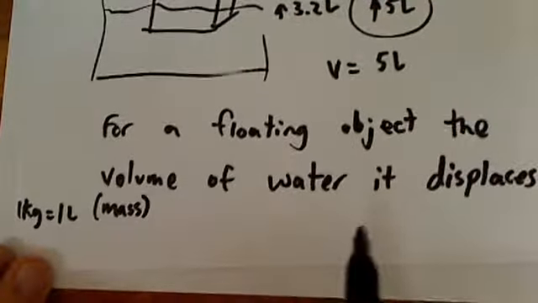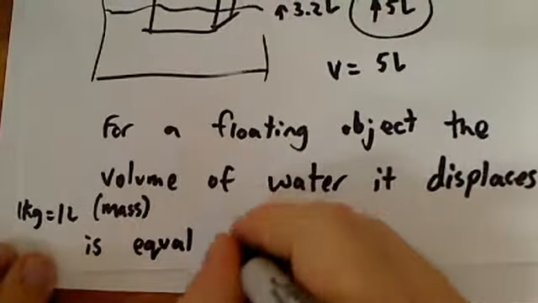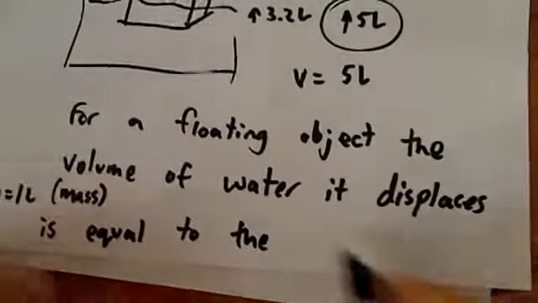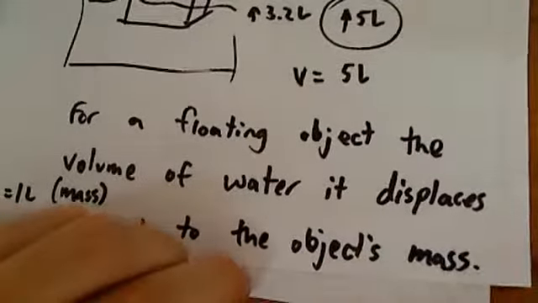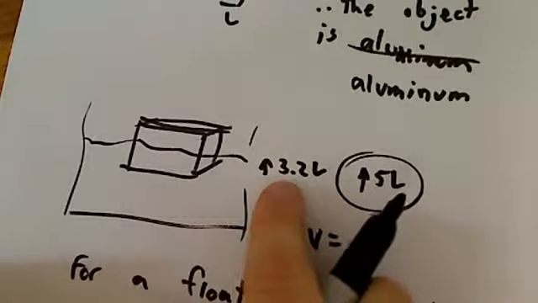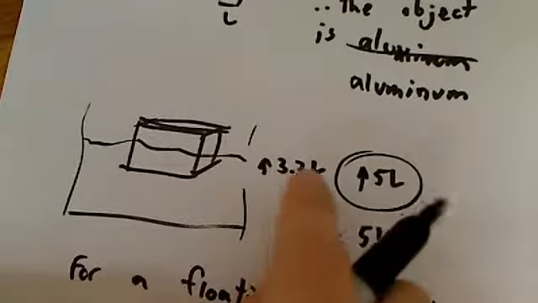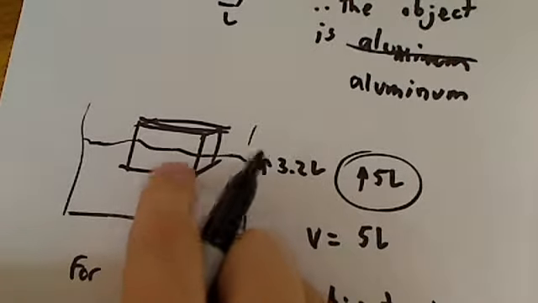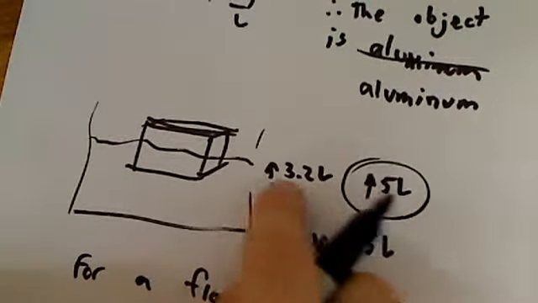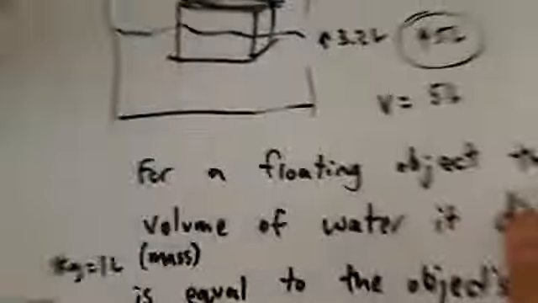So the mass of water it displaces is equal to the object's mass. What does this mean? Well, if this number was 4 liters, and this object was floating, I would be able to tell that this is a 4 kilogram box. So as long as it's floating, the volume of water that it displaces is going to be the same as its mass.